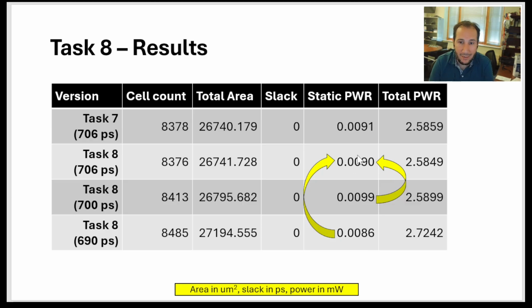Why does static power go up? Well, static power follows the number of cells that you have in your design. The more transistors you have, the more they leak. So this is an explanation why we go from 90 to 99. Why do we go from 99 to 86 or 90 to 86? As we shrink the clock period, we are keeping the cells active longer.